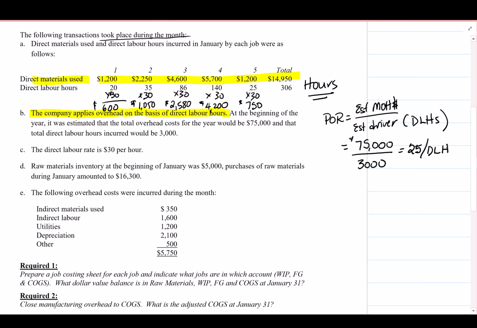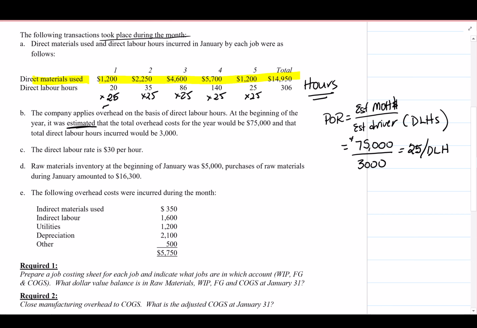Okay, again, predetermined overhead rate is based on estimated. Once you come up with your predetermined overhead rate, you then apply it based on the actual of whatever your driver is. So going back here, we are now going to do $25 for every direct labor hour to apply our overhead.